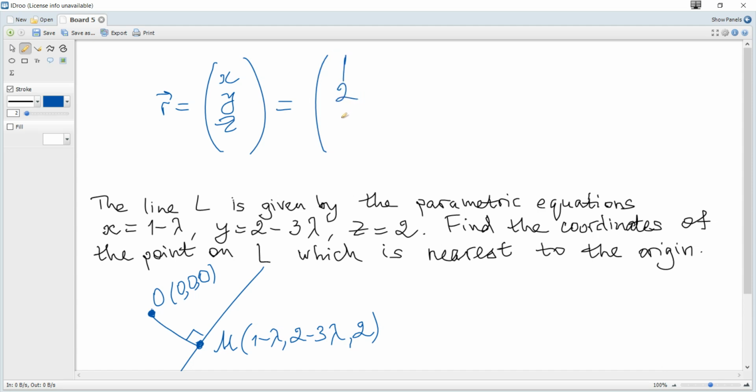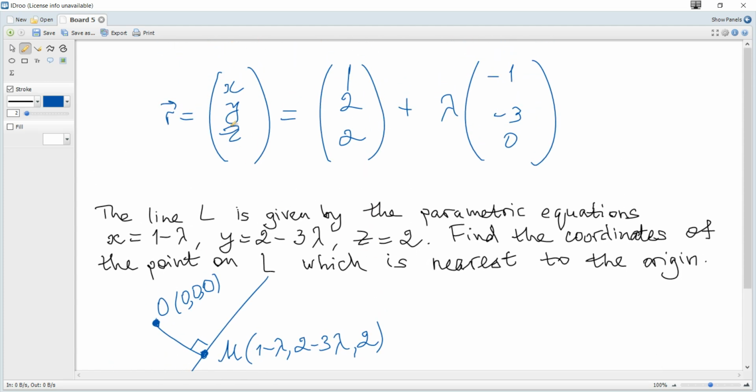The coordinates of a vector are equal to the position vector of any point. It's 1, 2, 2 plus a parameter multiplied by the direction vector of this line. It's -1, -3, 0. And notice that it's a position vector, and the coordinates of any vector are the coordinates of the endpoint minus the coordinates of the initial point.